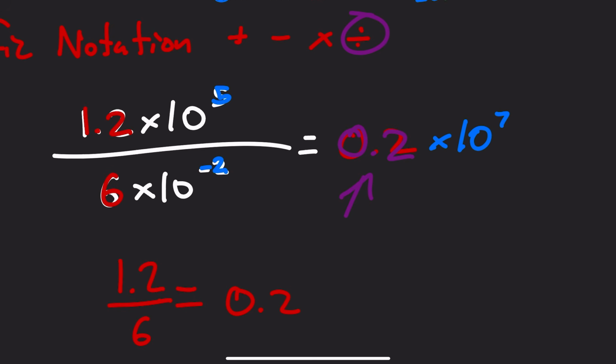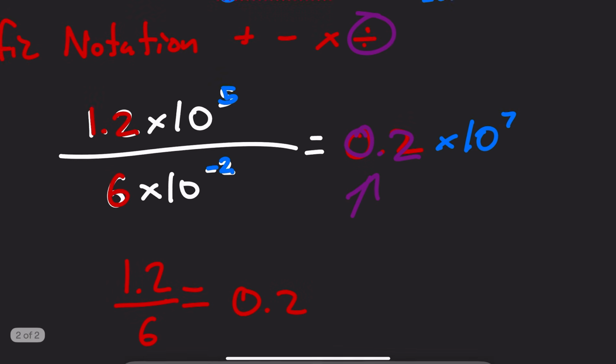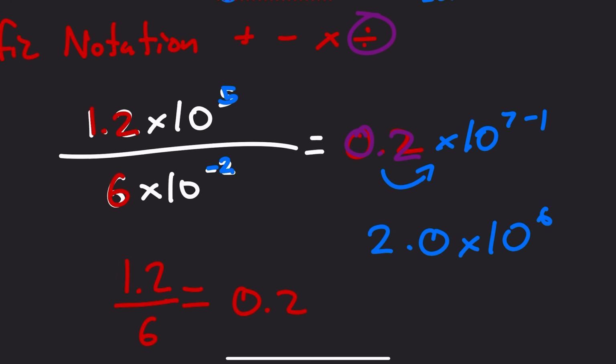Right now, that is not in scientific notation. 0.2 times 10 to the 7th isn't in scientific notation because our decimal point needs to be behind the number 2. So if we move our decimal place 1 point to the right, remember, when we move to the right, we have to subtract our exponent by 1. So it's going to be 2.0 times 10 to the 6th power, and this is our answer.